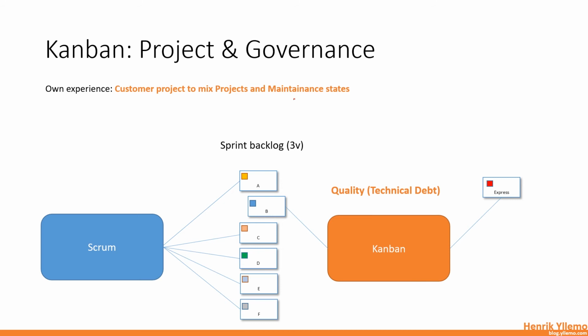So in this example, I worked together with a customer, and we mixed both in the project sense and in the governance sense, in a maintenance state of a solution. We mixed, using a Scrum methodology for the new type of product increments that we were supposed to deliver. We also had a part of that Scrum team as a Kanban team for more the maintenance, governance type of things.